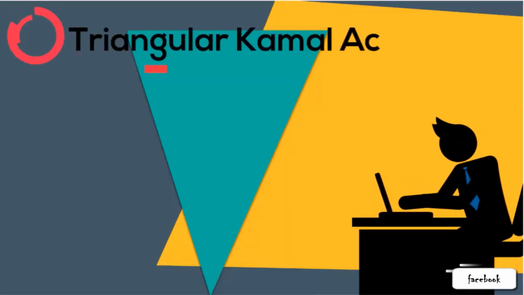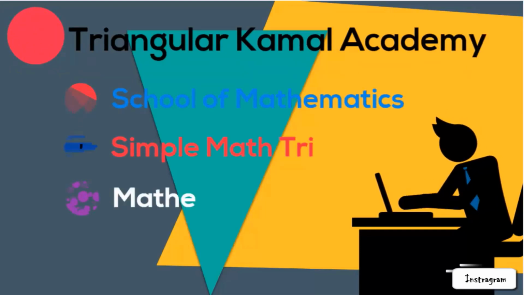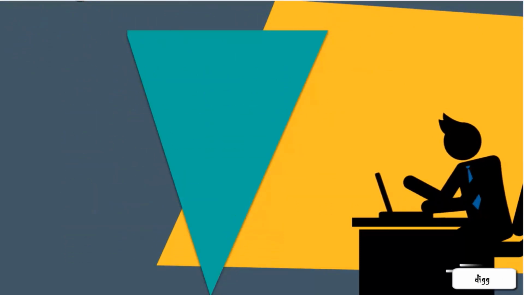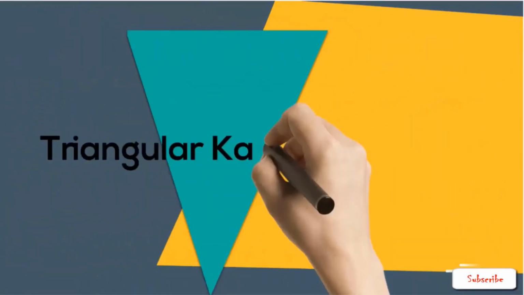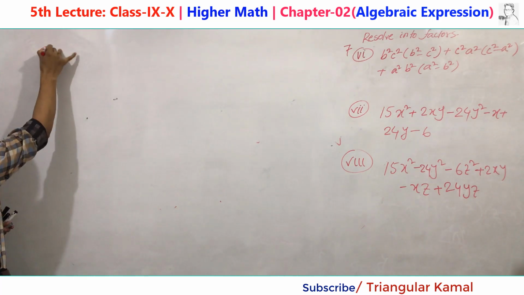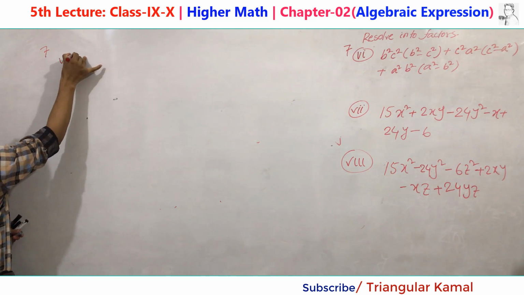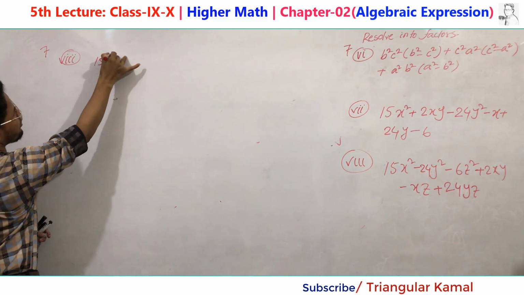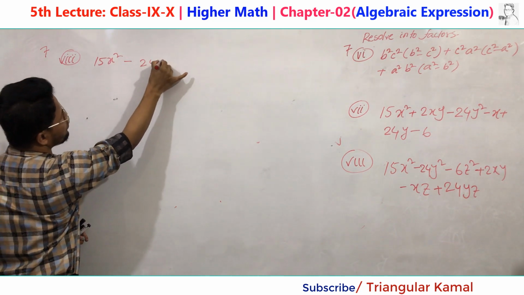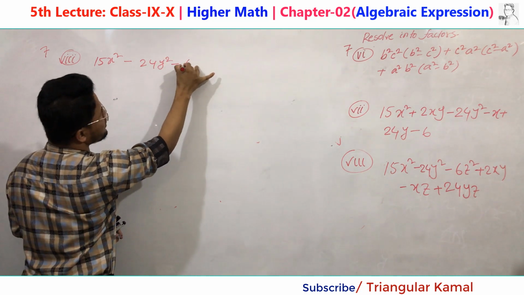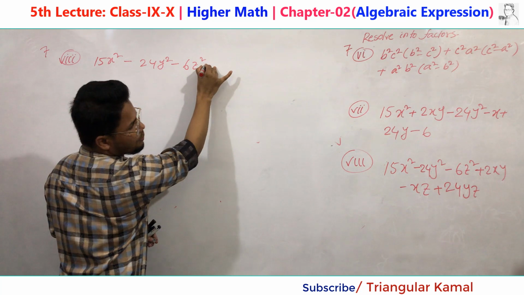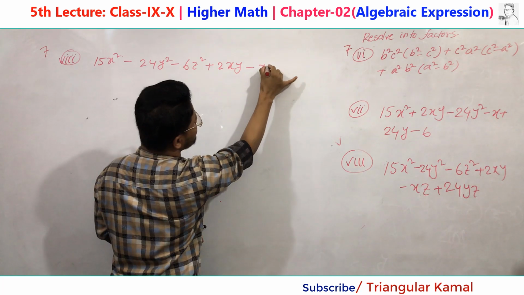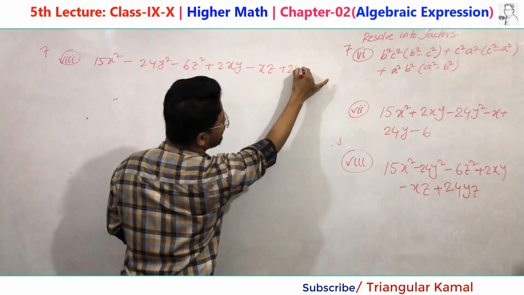Okay, now give attention to number 8. First, 15x square minus 24y square, then 6z square plus 2 times xy minus xz plus 24yz.